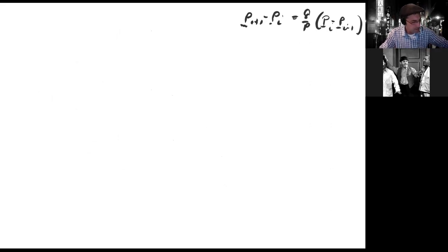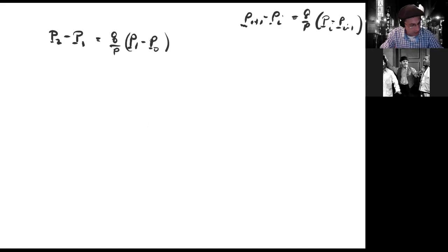So if we looked at p2 minus p1, that should be q over p times p1 minus p0. I'm taking the subscript i to be 1 over here, and this is the first case of that equation in the box up here.